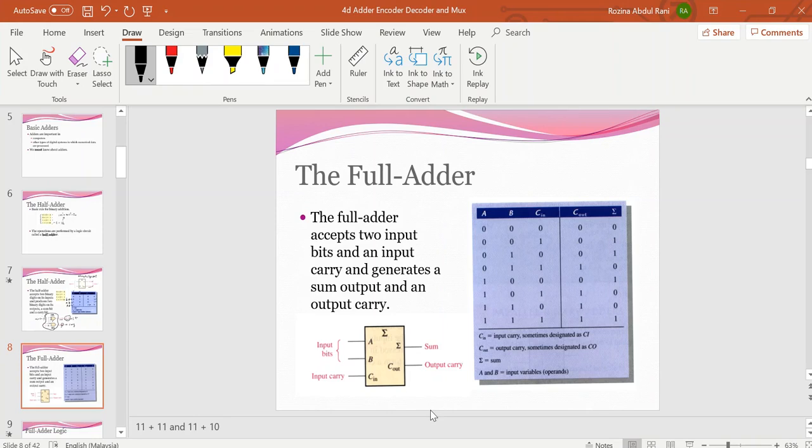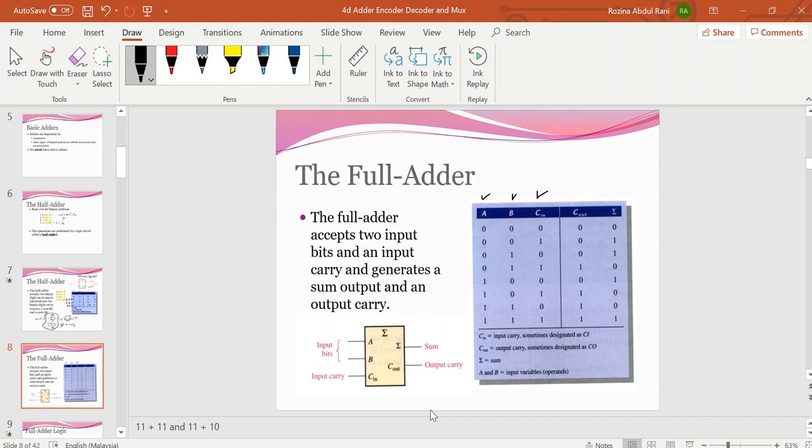Okay, now we have the full adder. A full adder adds binary numbers and accounts for values carried in as well as out. A 1-bit full adder adds 3 1-bit numbers, often written as A, B, and C in. So for the full adder we have 3 inputs: A, B, and C in, carry in.